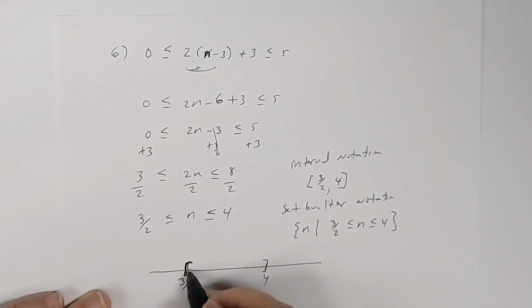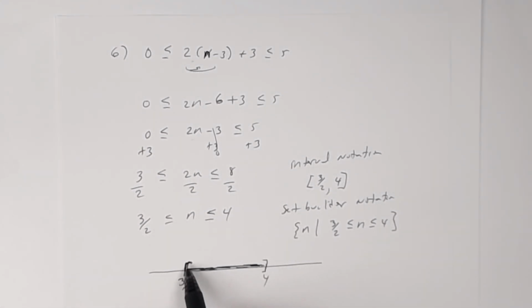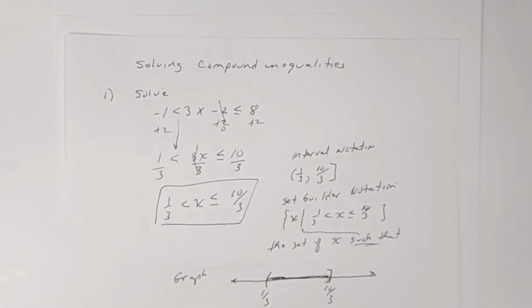And then bracket, and you shade in. Don't forget to shade in. Some students forget to shade in. If you don't shade in, you're only indicating that there are only 2 solutions, the endpoints. But you have an infinite number of solutions in here as well. Okay, so that is the lesson on solving compound inequalities.